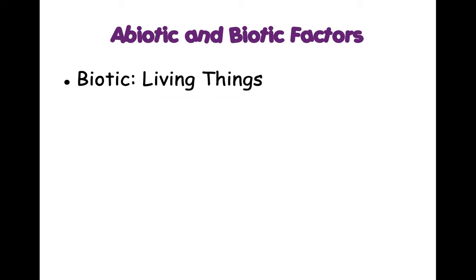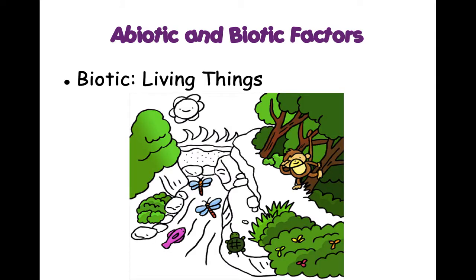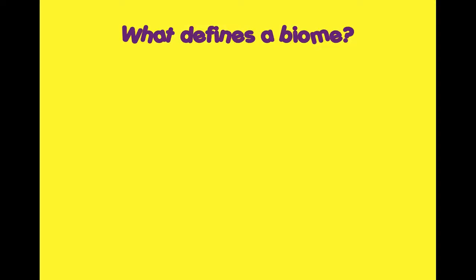In addition, you have the living things, and these are called the biotic. So in this picture, you'll see that maybe it's the plants, so the bushes and the trees, maybe the animals like the monkey, the turtle, and the dragonfly. And so put together, the abiotic and the biotic factors will help define that biome.